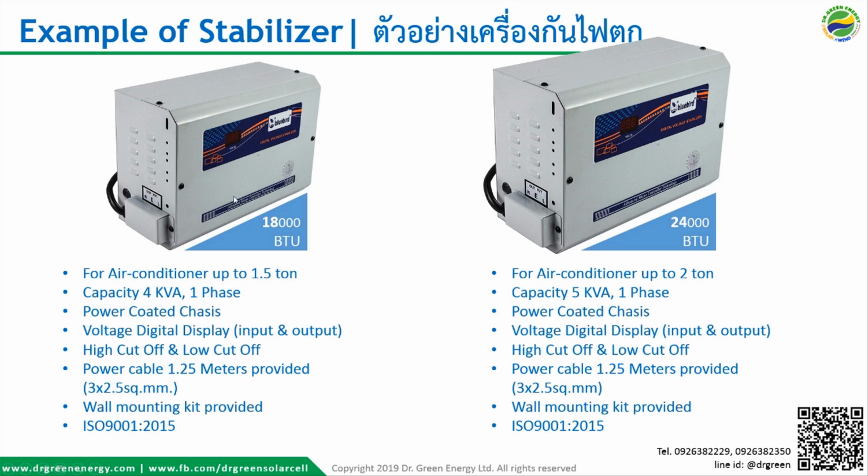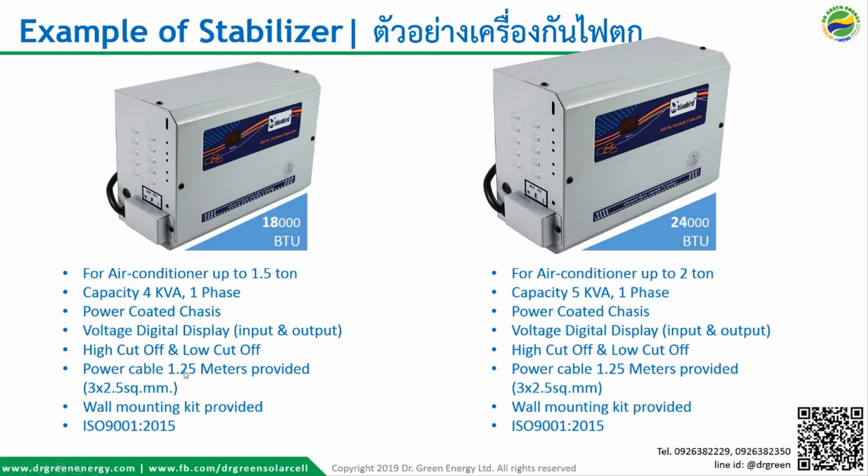And if you have an air conditioner with 1 ton or 1.5 tons, you can choose this model, which is shown on the left hand side. These two models are very good.